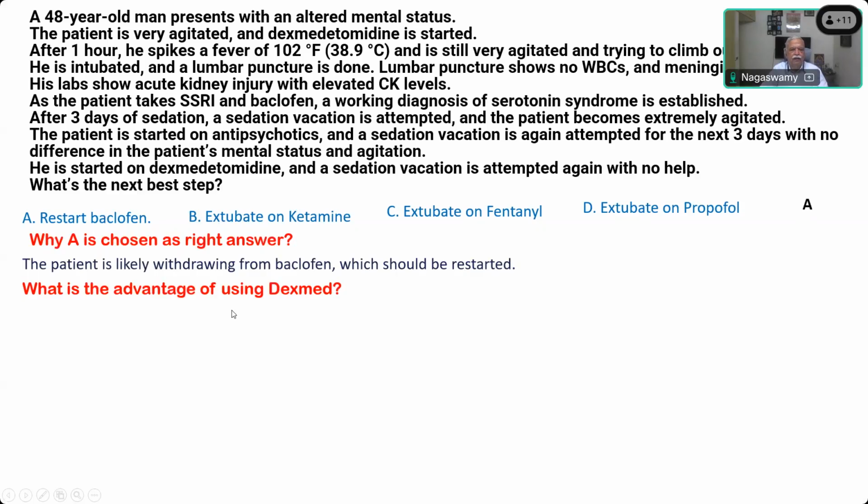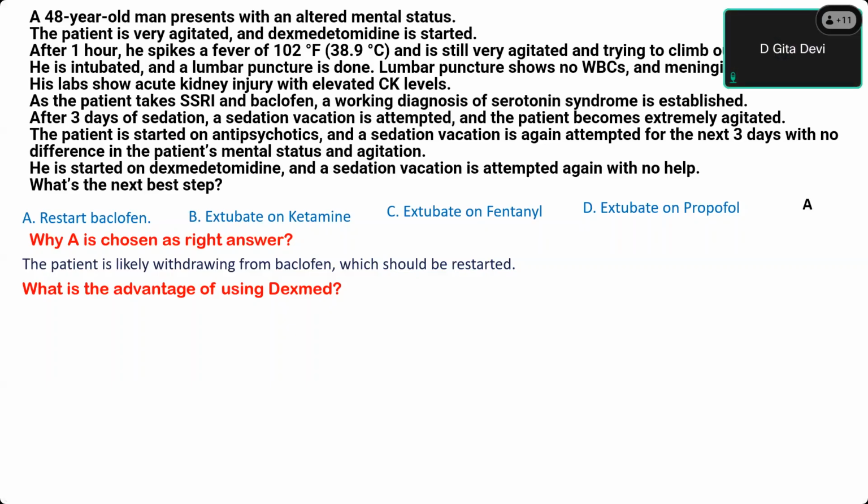Now, what is the advantage of using dexmedetomidine to calm the patient as a sedation? Conscious sedation, sir. Anything else? Is it a long-acting drug or a short-acting drug?